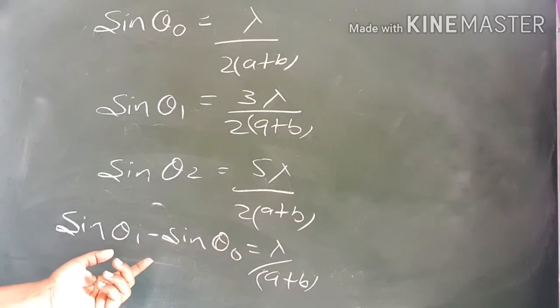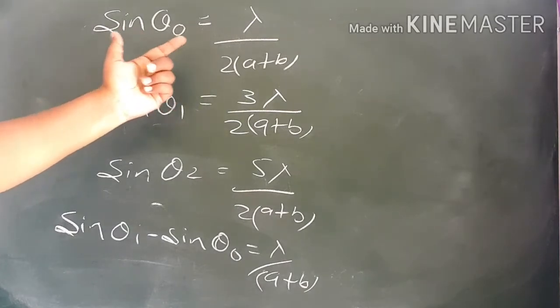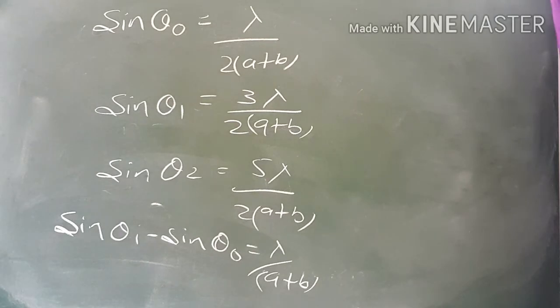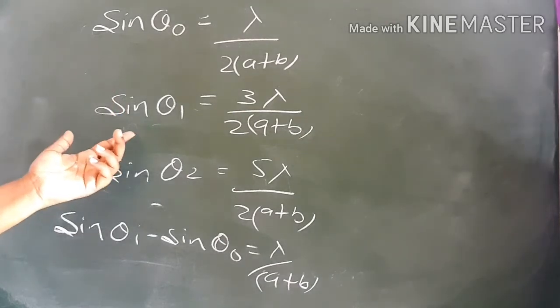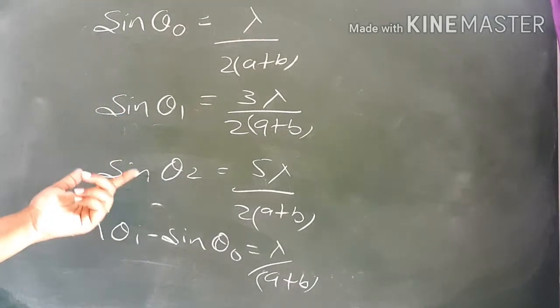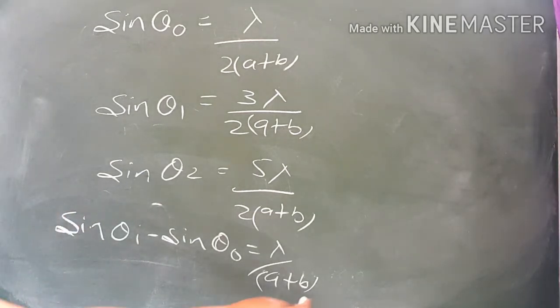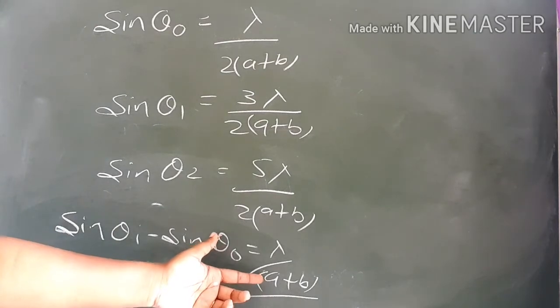If we have to find the width of minima, then we have to find the directions of maxima and the angular width between the two maxima. Angular width between two maxima gives the width of minima. So the width of minima, or the width between two conjunctive maxima, is also the same. Width of conjunctive maxima and minima are the same, lambda by a plus b.